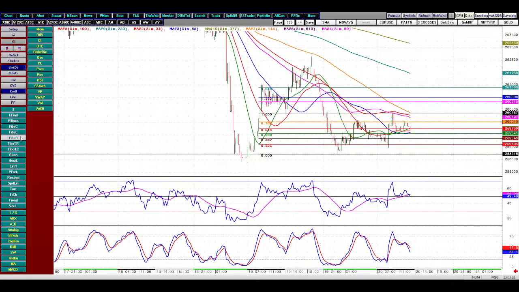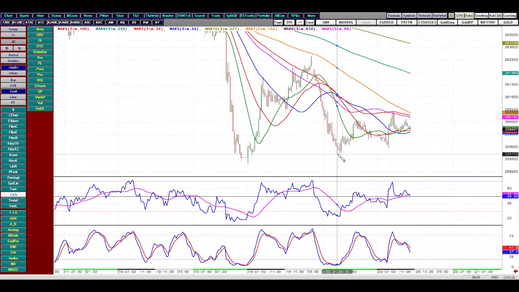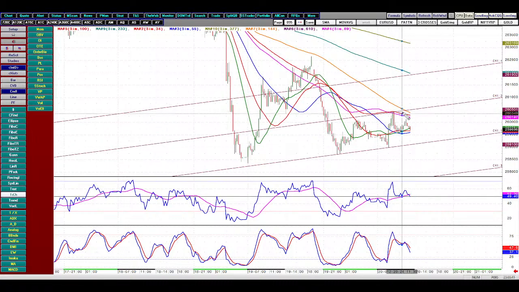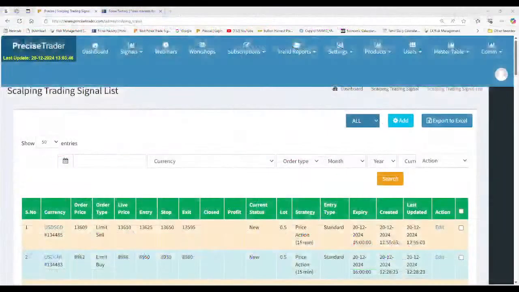Then should eventually come lower. Okay, so now how I want to play this game is, okay, I think 2618 is a very very strong resistance. 2618, 2620.